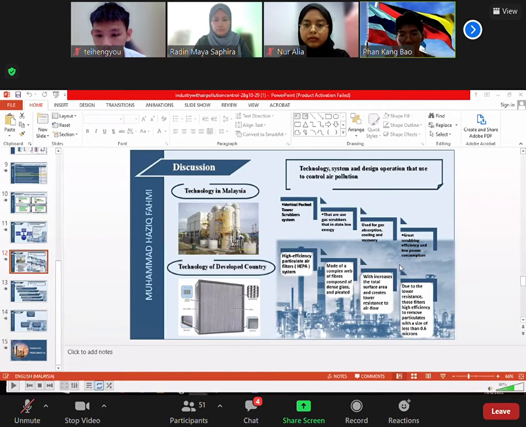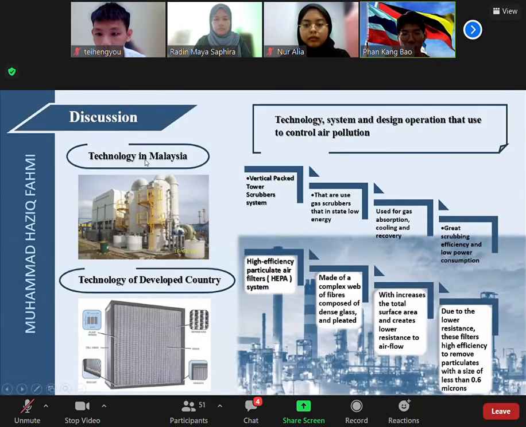This part is the findings from the interviews. From the Master Jaya company, Ms. Chen recommended the technologies commonly used by her company, and actually there is no specific answer, because she claimed that for specific pollutants we have to use the relevant technologies, with different technologies applied.